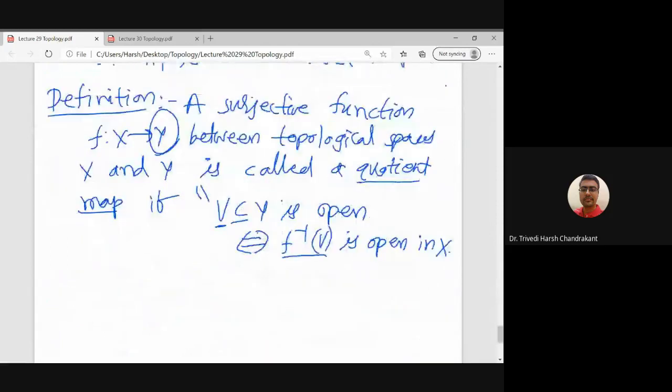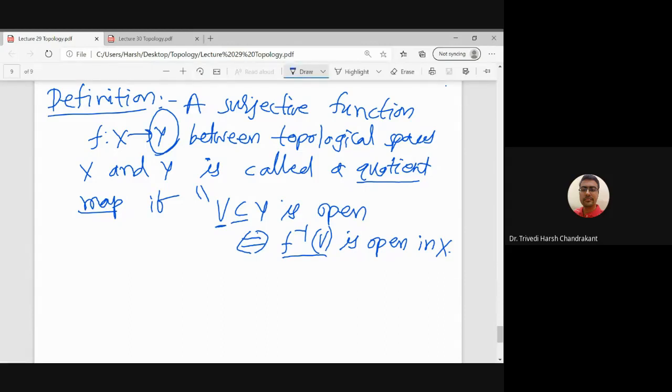And at the end we defined the quotient map. So what is the definition of a quotient map? A map f from X to Y is called a quotient map if first of all it is an onto function, and X and Y are topological spaces.